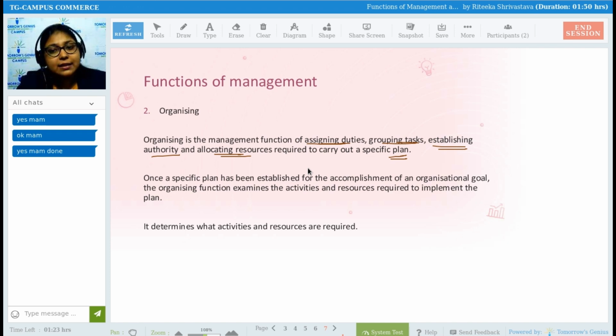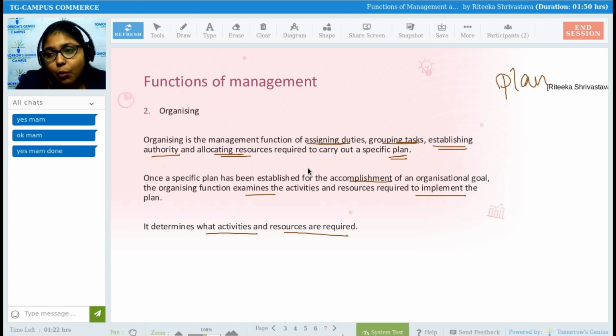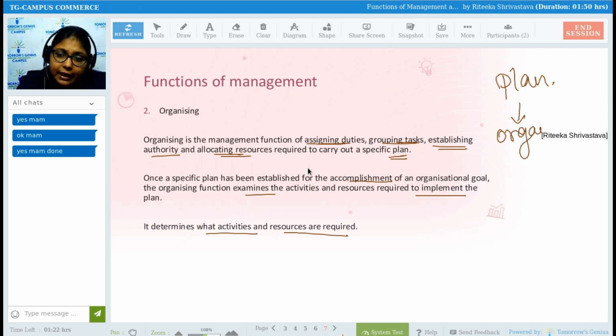Once a specific plan has been established for accomplishment of an organizational goal, the organizing function examines the activities and resources required to implement the plan. It determines what activities and resources are required. According to the plan, what resources do you need? What activities are you going to perform? Accordingly, you need to organize all the resources.